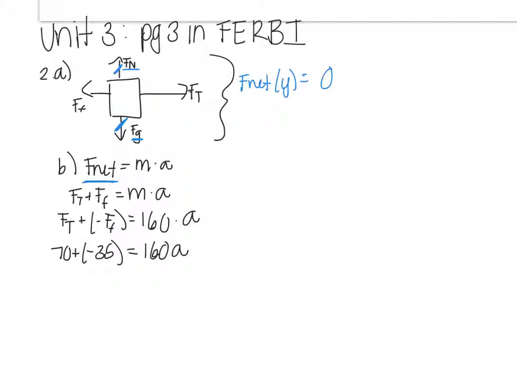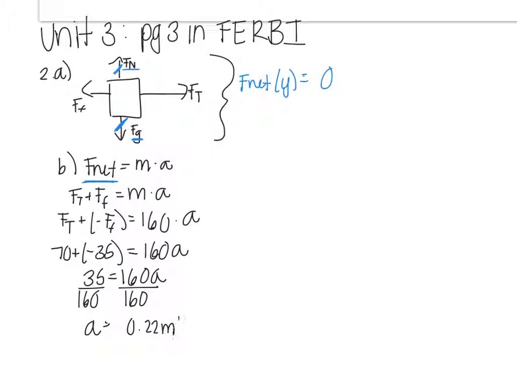You guys should get 70 minus 35 is 35, which is equal to 160a. So to solve for a, I'm just going to divide this guy over. a will be equal to 35 divided by 160, which is 0.22 meters per second squared.